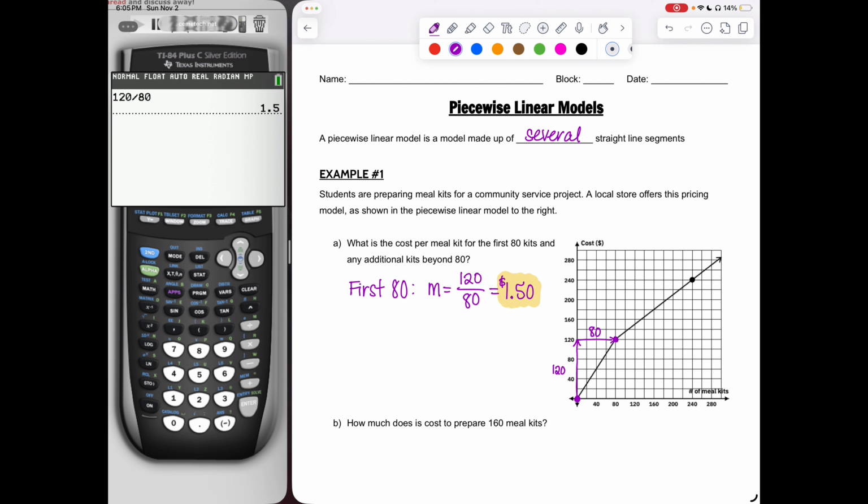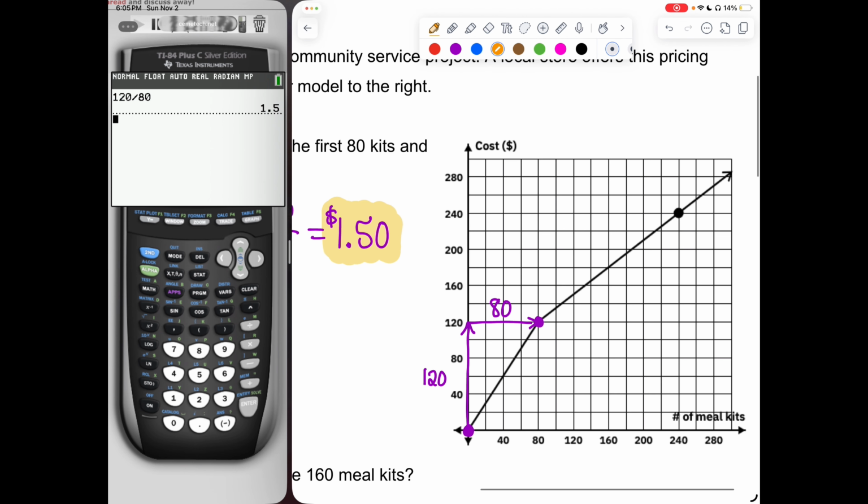Now, if we look at anything above or beyond 80, we can use the next 2 points for the other line segment. We're going from 120 to 240, so we went up 120, and then we went over from 80 to 240, so we increased by 160 here.